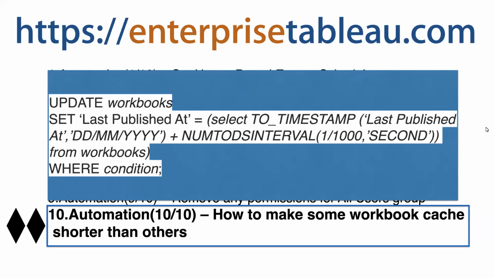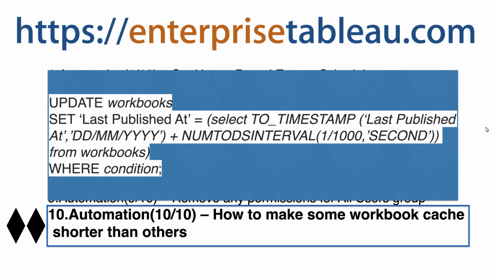You can also use last updated at if you want. So what happens is that if I update the timestamp with 1 millisecond, automatically the workbook cache is dropped. That special workbook cache is dropped.